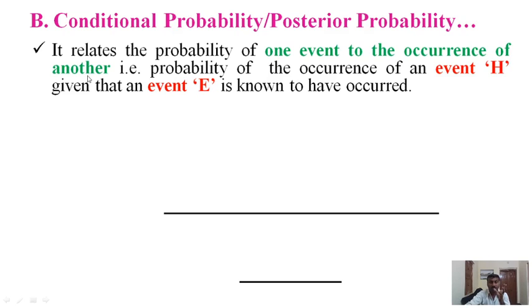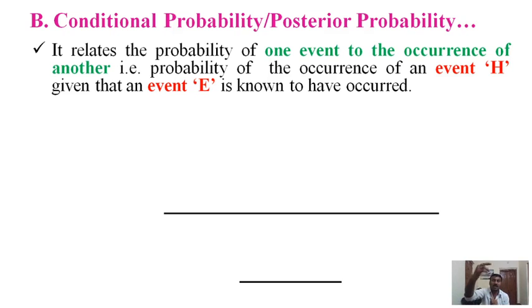If you want an event to occur, it relates to another event. If you want to find out one thing, it depends on another thing, and what you find out is useful to find out another one.